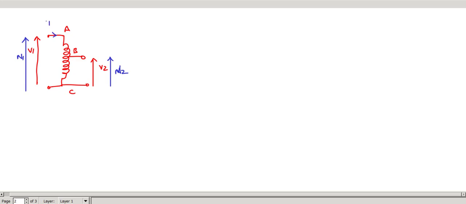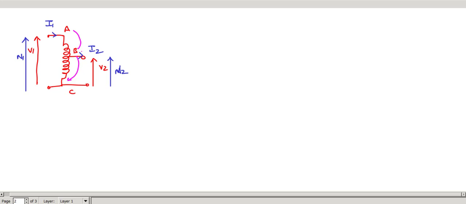Let current I1 be here, current I2 here. I am converting this auto transformer to a 2-winding transformer. You know that transformer action is done between winding AB and winding BC.